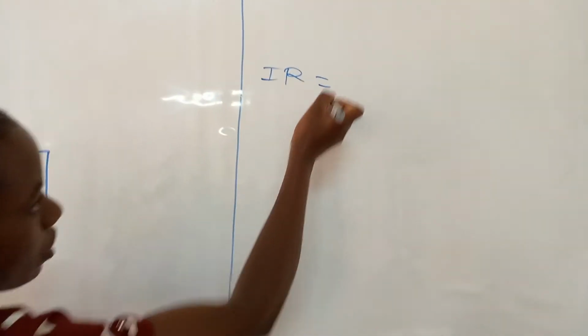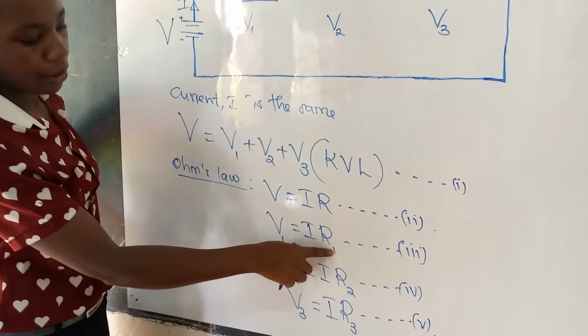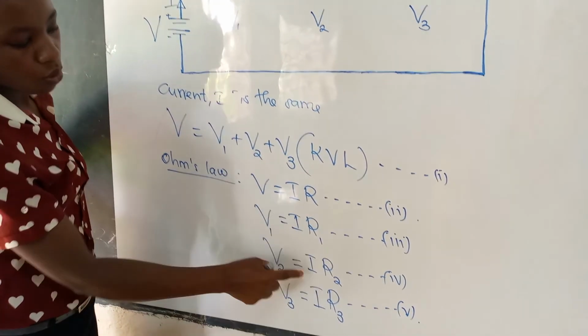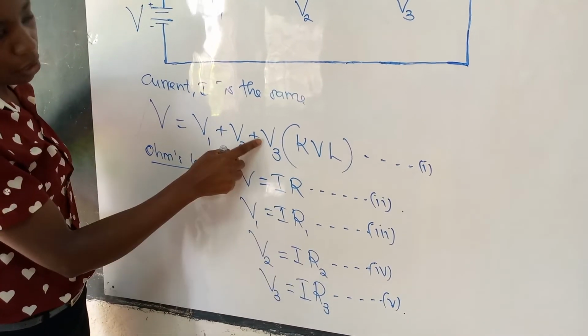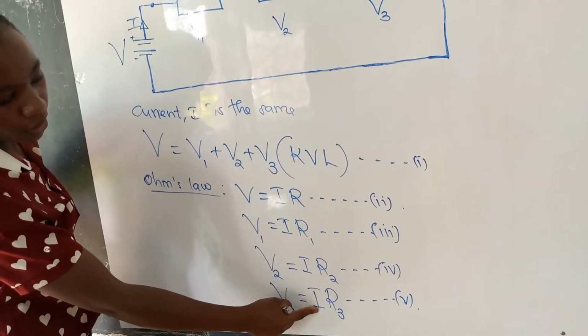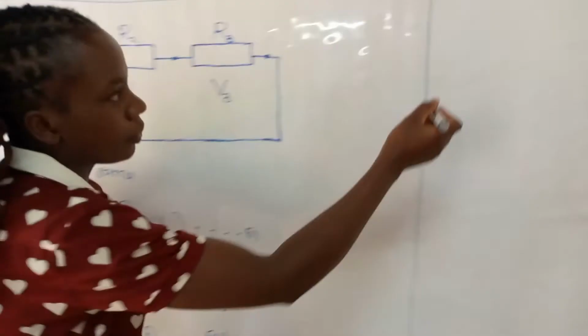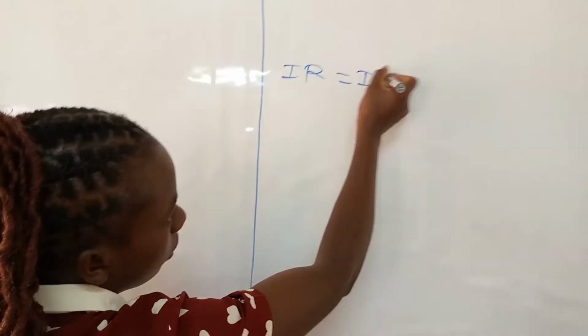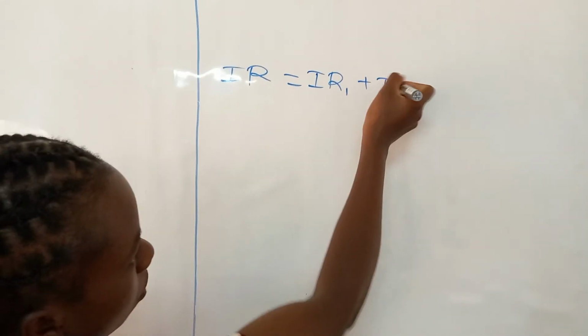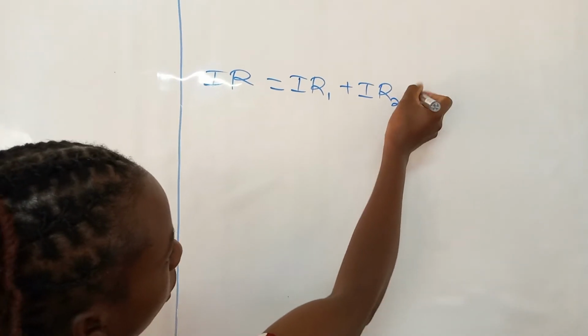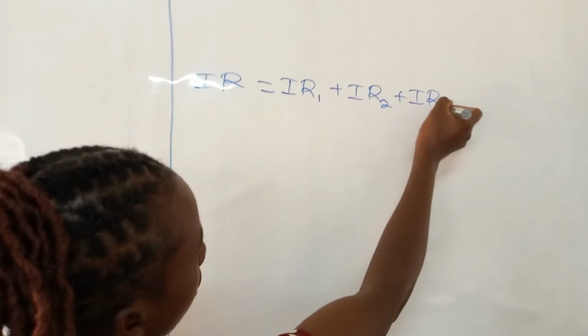IR is equal to, for V1, we have IR1, and for V2, we have IR2, and for V3, we have IR3. So we have IR1 plus IR2 plus IR3.